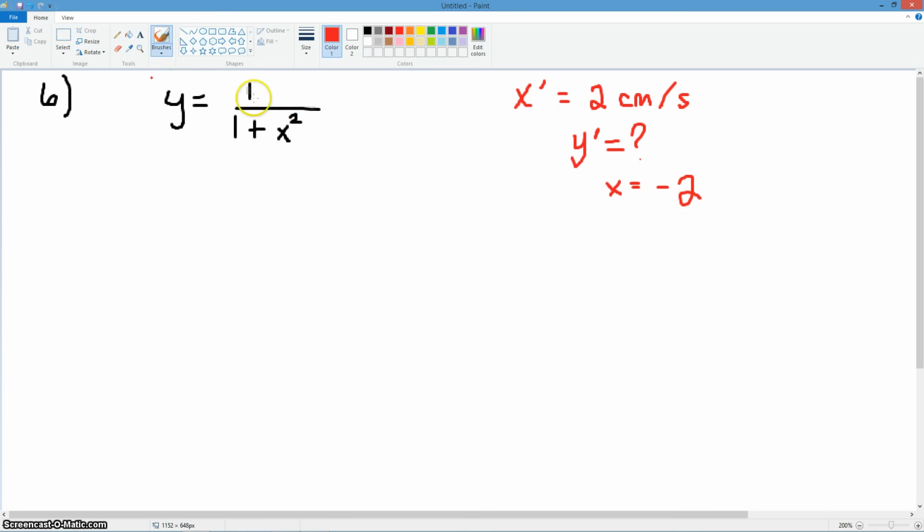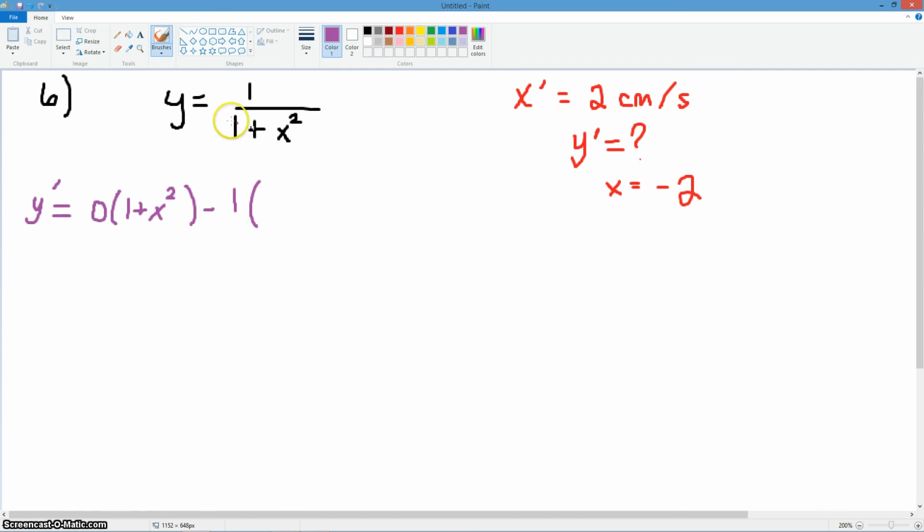Okay? So right off the bat, how do we take the derivative of this? This is going to be what? Right, this is going to be the quotient rule. So let's go ahead and take the derivative of the left-hand side. So that's going to be y prime is equal to the derivative of the first, which is 0, times the second, which is 1 plus x squared, minus the first, times the derivative of the second.